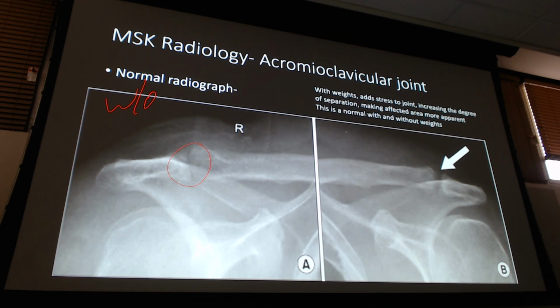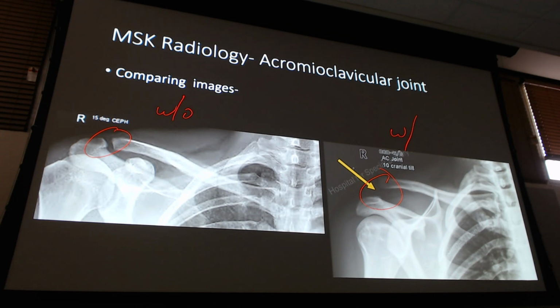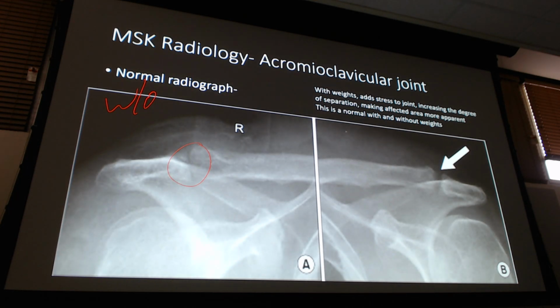You can see we expect to see a little bit bigger of a joint space between the without and the with. Okay? This is not an abnormality. This is normal. That is an abnormality. Look at how little it changed on the normal when everything was intact.